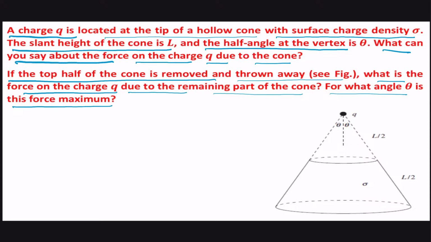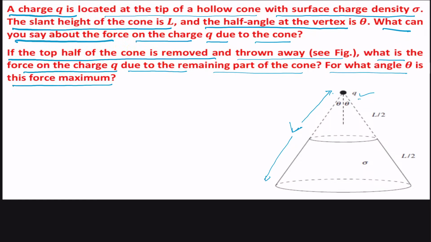Okay, so the basic figure is given to us. So we are given a cone. At the vertex we have charge Q and the total slant height is given as L. And in the first part this cone is intact. So we have to find out what will be the force on this charge Q because of the entire cone.